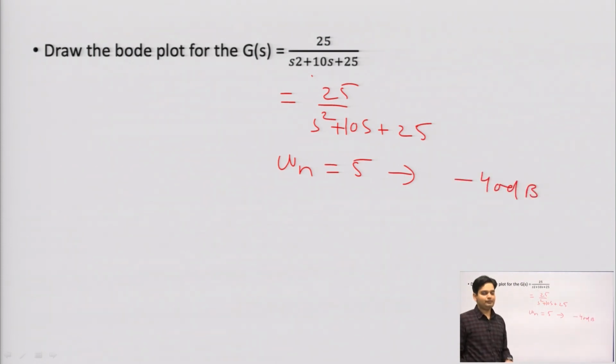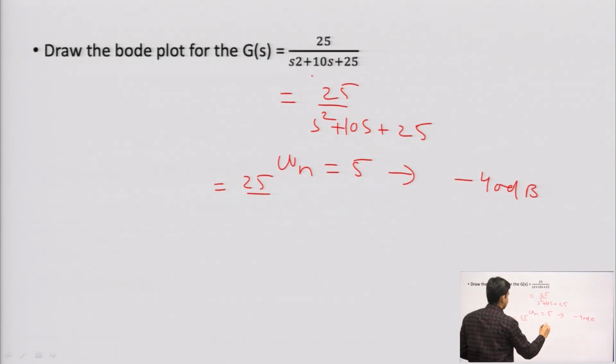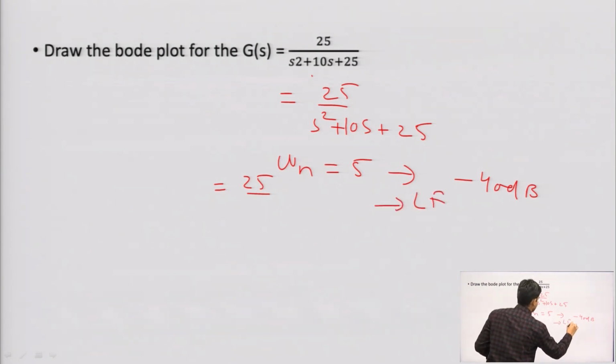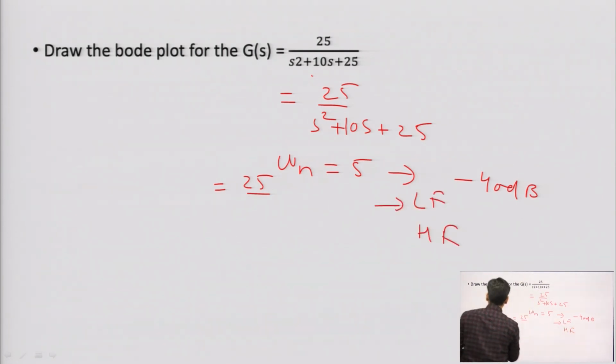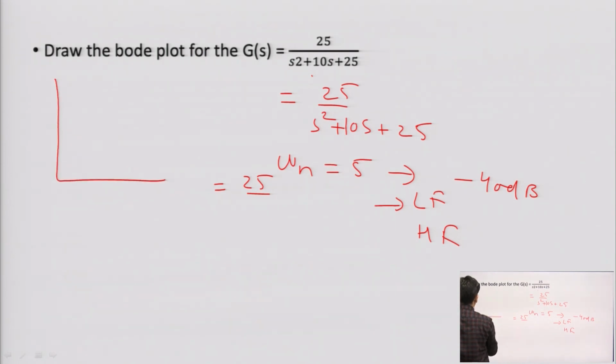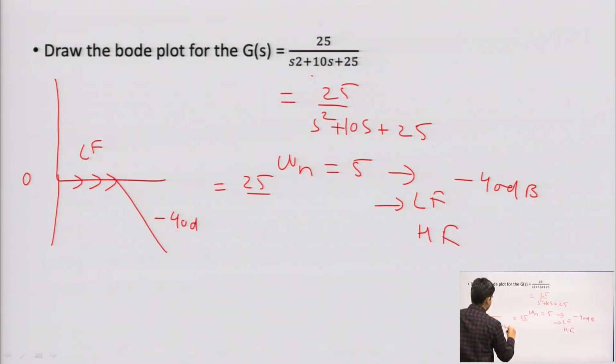Okay. So, how can we do this? We can convert into time constant form, then divide into low frequency and high frequency as I have told. So, we will get our magnitude plot like this. This is 0 dB. Initially, we will get 0 for low frequency. For high frequency, we will get a minus 40 dB plot.